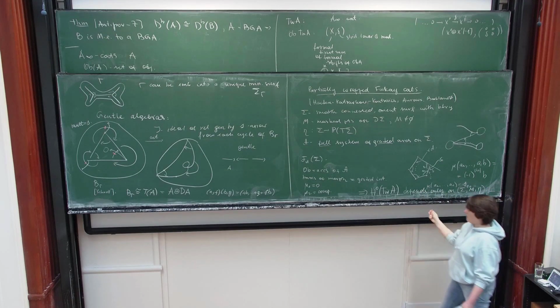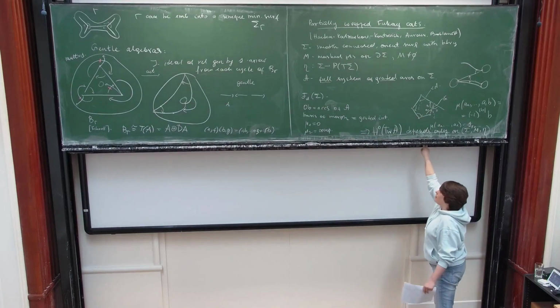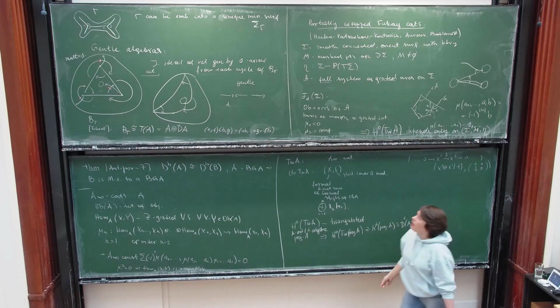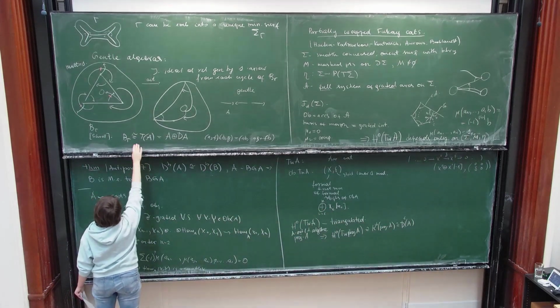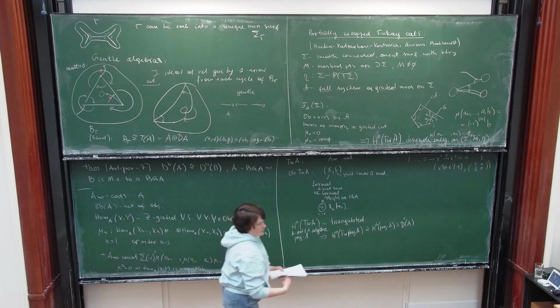Okay. So now we can go back to our graph algebras, and we want to do the same as the trivial extension here, but now for these infinity categories.